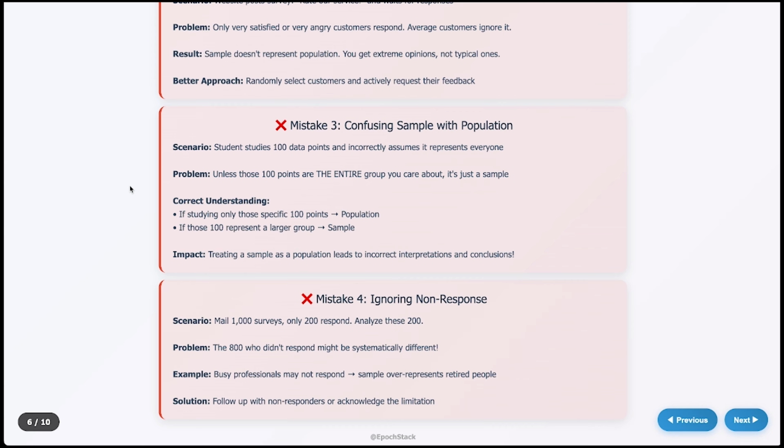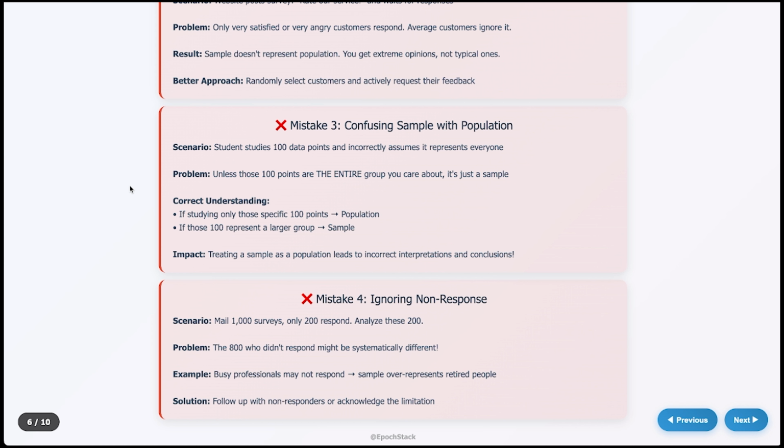The problem is that the 800 people who didn't respond might be systematically different kinds of people. For example, busy professionals may not respond, and the people who respond may be retired people. So the solution is that you should follow up with the non-responders or acknowledge the limitation. When you are training the model, you should acknowledge the limitation.